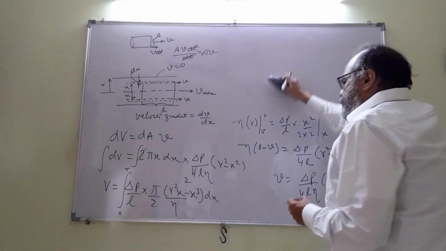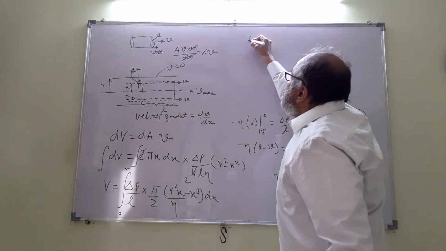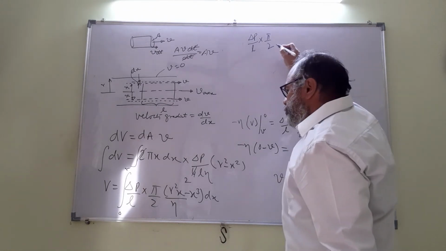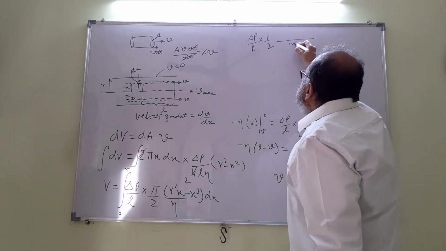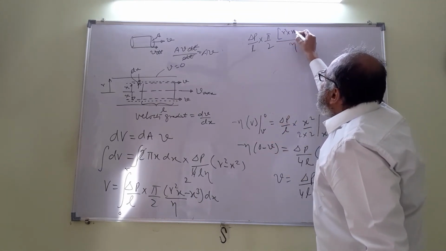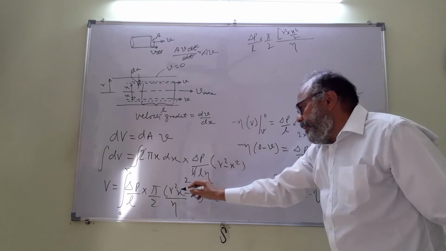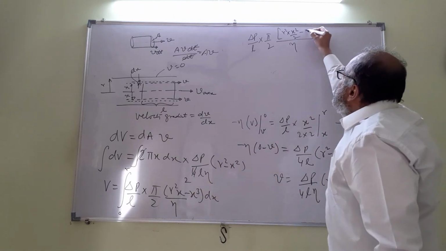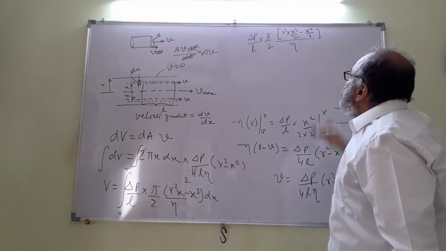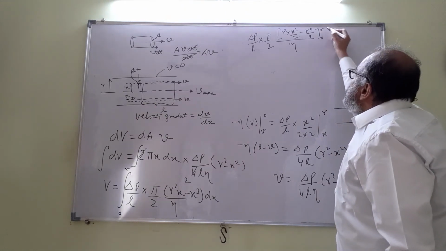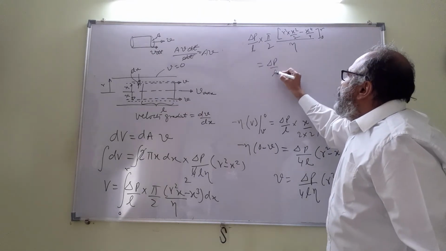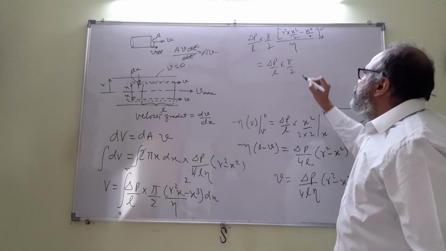Once integrated, you will get delta p by L into pi by 2 eta as it is here. This would be r squared into x squared by 2, since the integral of x dx is x squared by 2, minus x to the power 4 by 4, with limits from 0 to r.